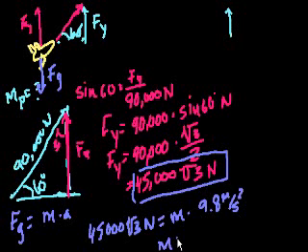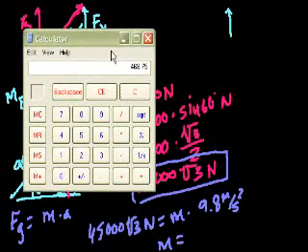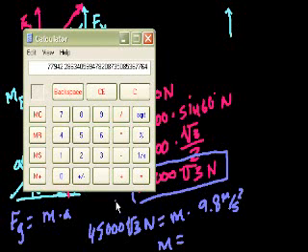So the mass is equal to, let me get the calculator out because this is getting very messy. So take 3, take the square root of that, times 45,000. So that equals that.